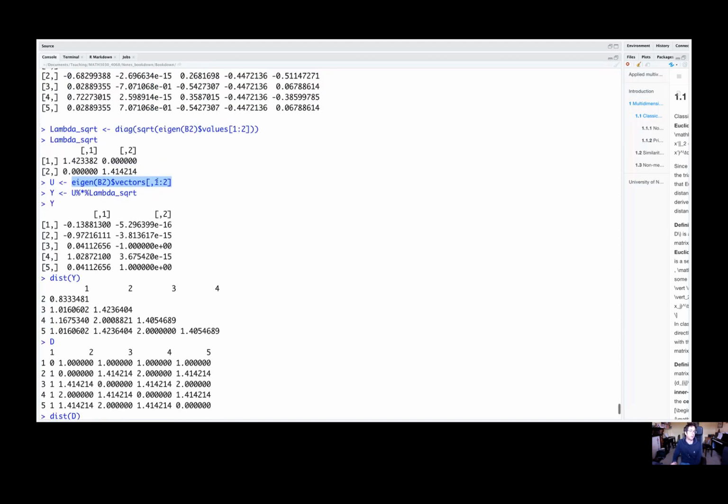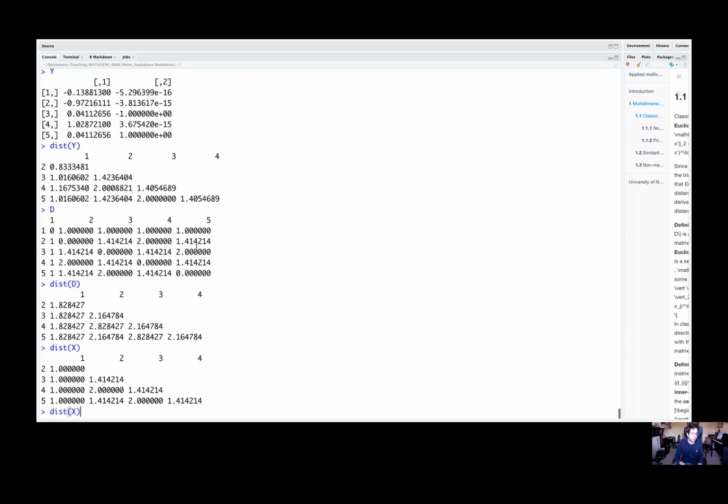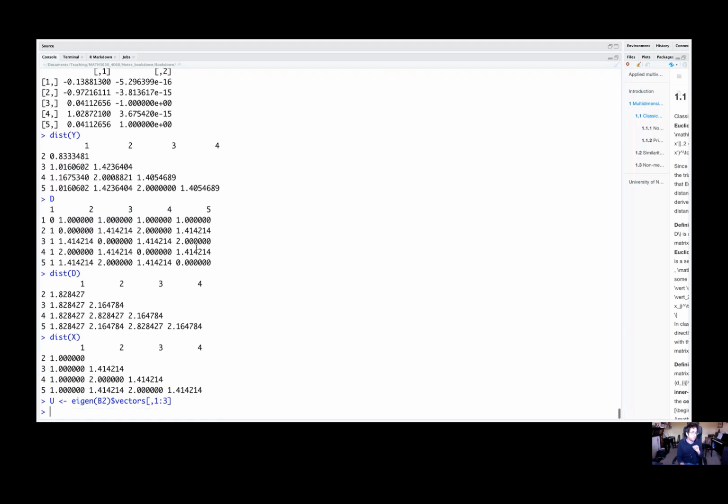Here, I just used the first two eigenvalues, but I could do it with 3 eigenvalues. So let's do that and see if we get closer. U could be the first 3 columns here. The square root of lambda can be the first 3 eigenvalues.